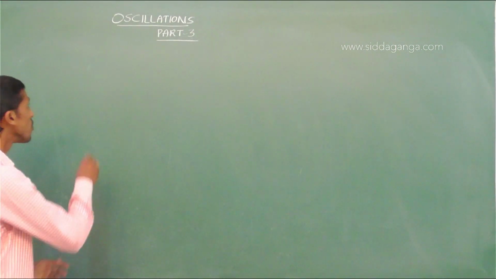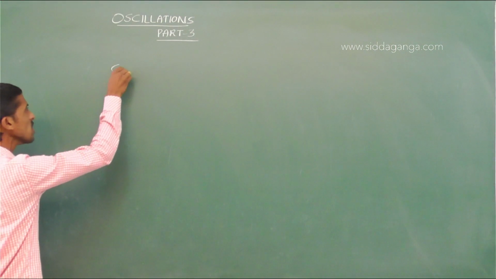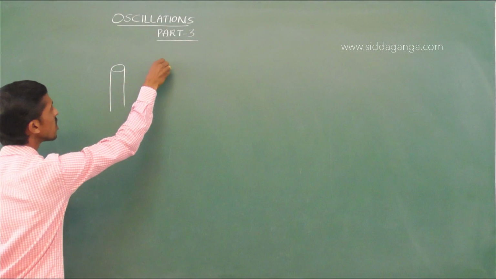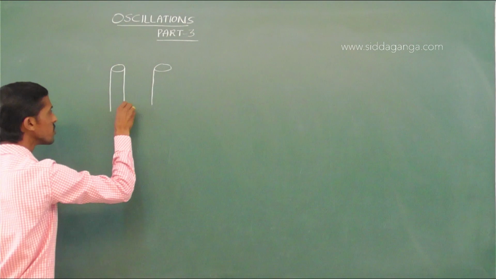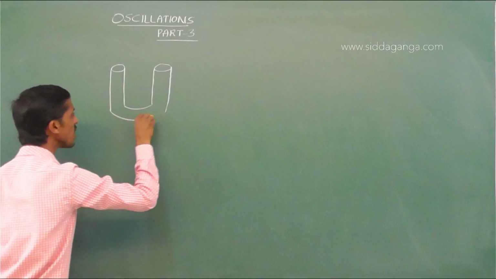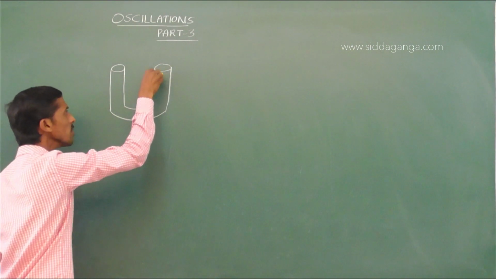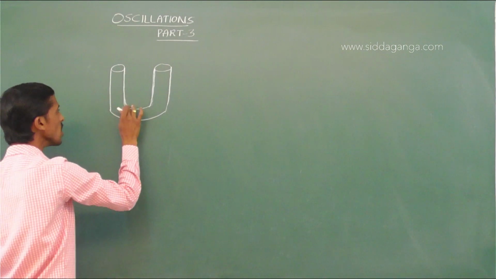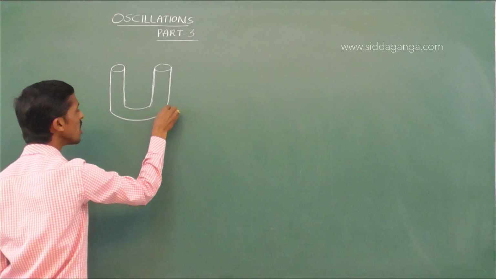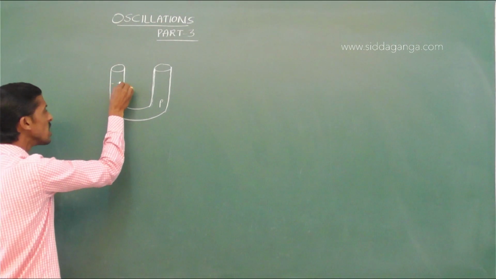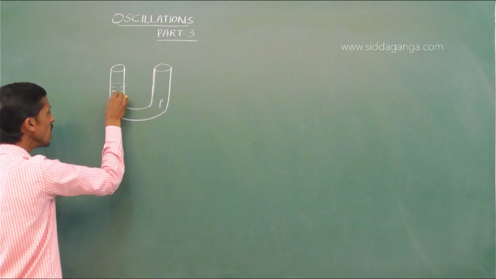Suppose a liquid is taken in a U-shaped glass tube, a liquid of certain density, let us say rho, filled in a U tube.